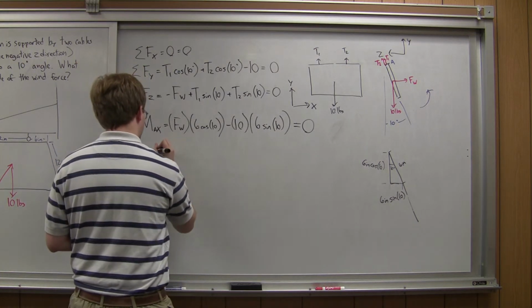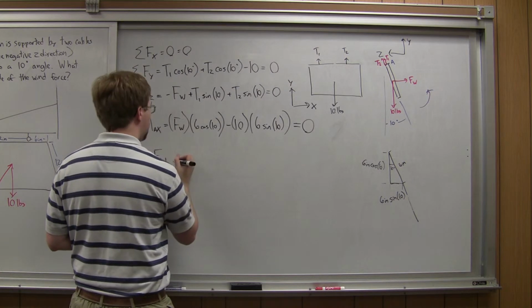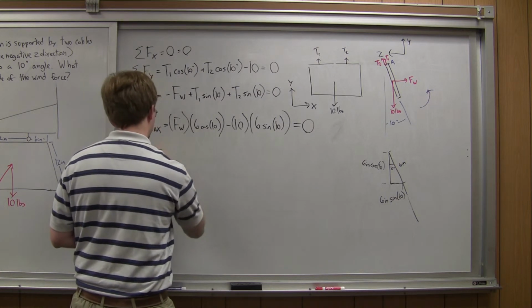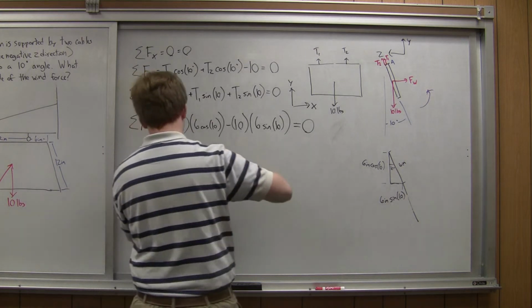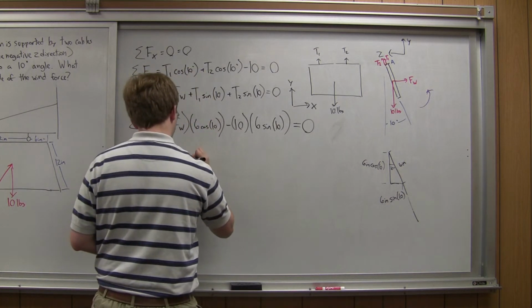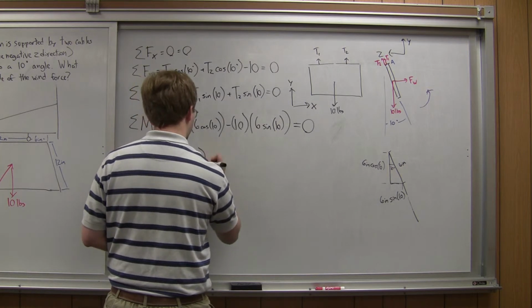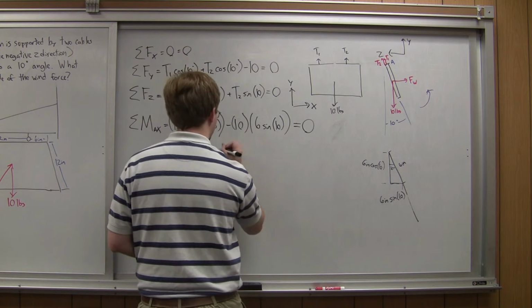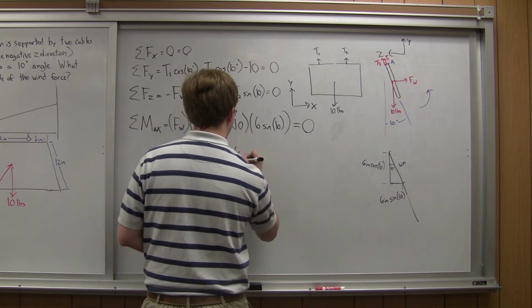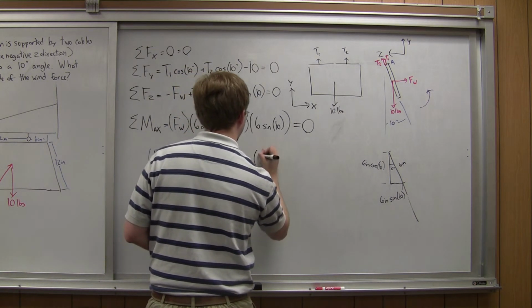So Fw times 6 cosine 10 equals 10 times 6 sine of 10.